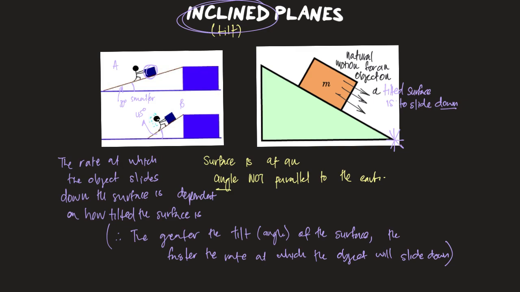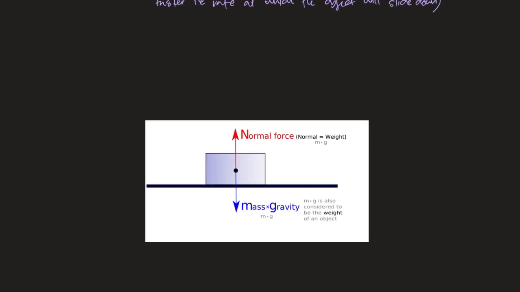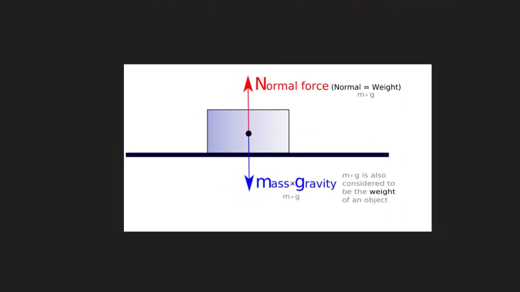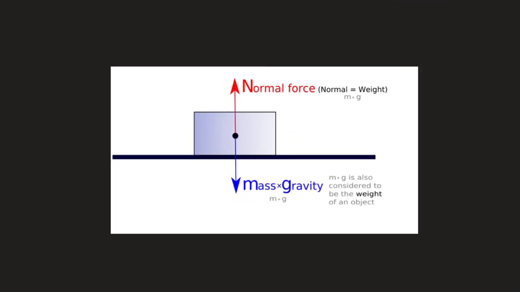Now, if I have an object that is on a surface, any object on any surface, then I've got two forces acting on this object. Because of the object's mass, it must experience some sort of gravitational force towards the center of the earth. And because it's on the surface, and we know from Newton's third law, there must be a force that's going the opposite direction of gravity, which is the force of the normal.